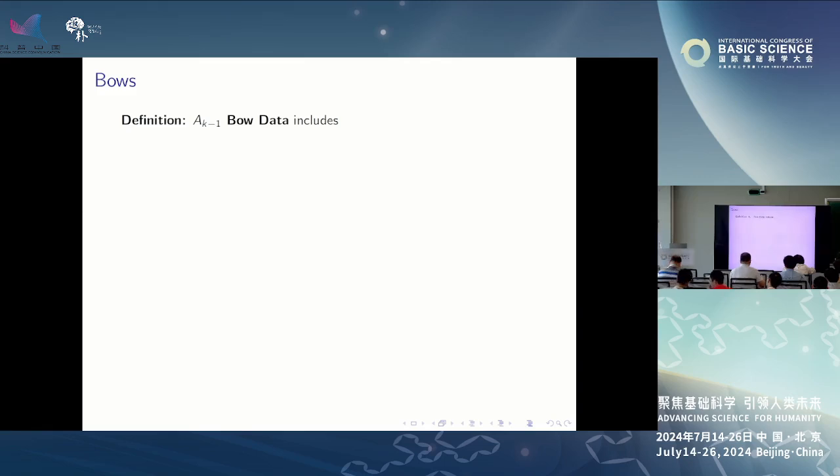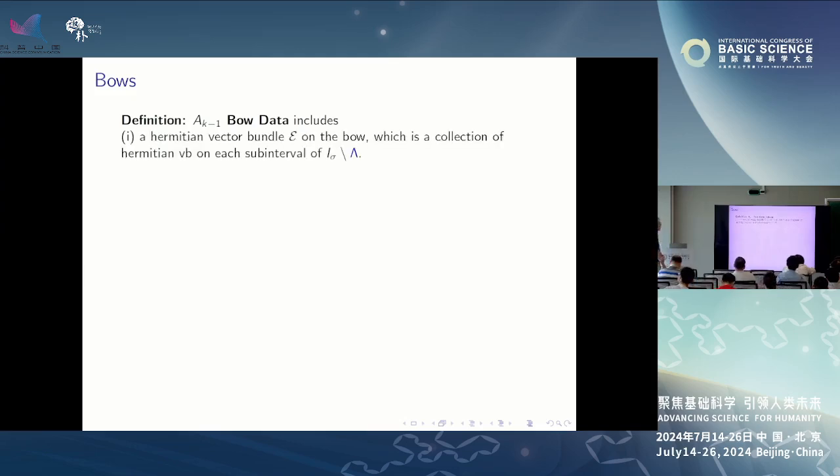All right, so associated with that picture, I'm going to introduce the bow data for this A_{k-1} bow. And so the bow data first gives us a Hermitian vector bundle. I'm calling it calligraphic E again. I hope that doesn't cause trouble. And it's a collection of Hermitian bundles on each of the line segments.